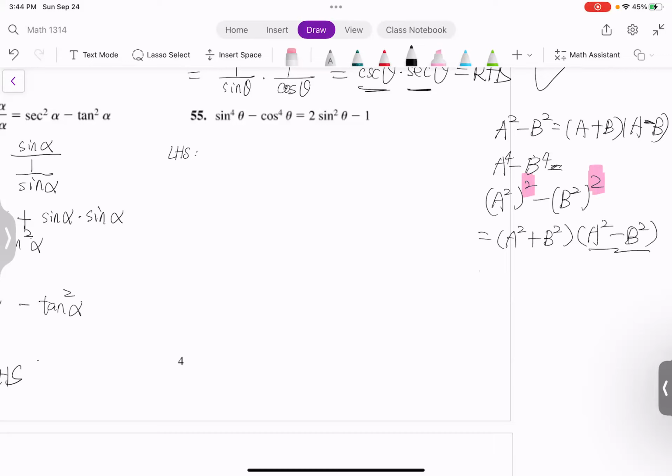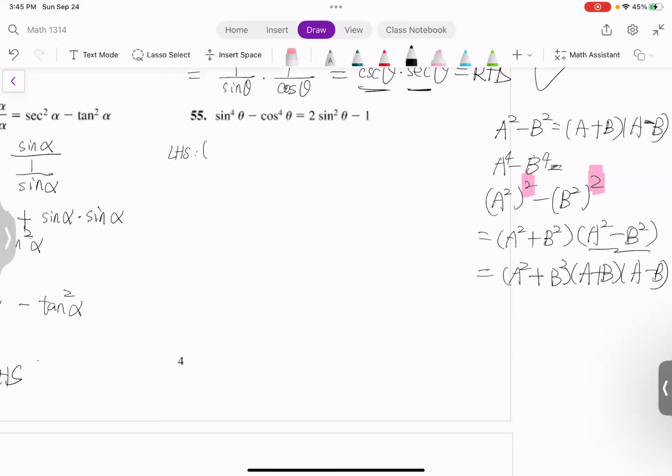I can continue to factor the second factor: a plus b times a minus b. I got three factors.